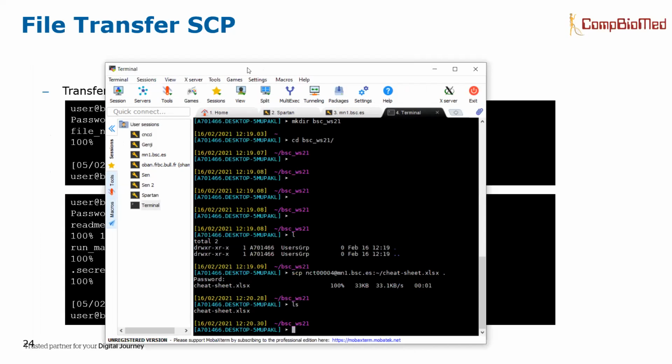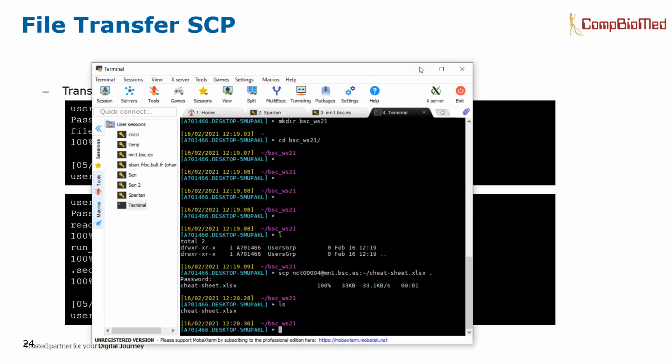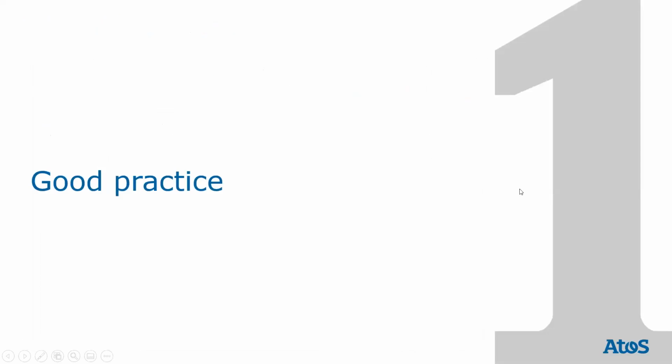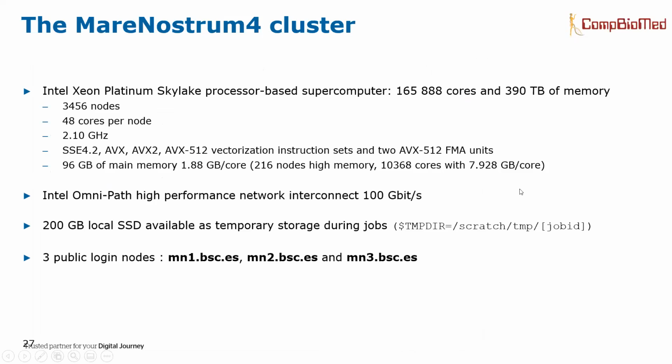Okay, so now we need to move to the Slurm part. It is important to cover this section. But quickly, MareNostrum is a strong cluster. Cluster is actually the name of a supercomputer, which is an ensemble of multiple processors.